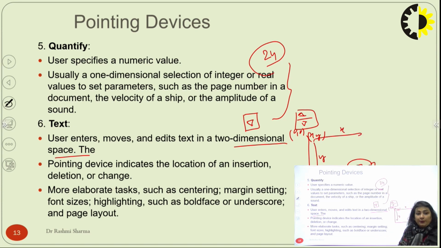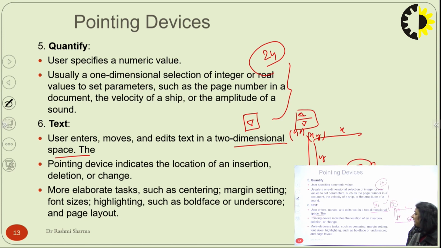So it is a two-dimensional plane in which you are writing, whether you are using PowerPoint or a Word document, or you are doing any painting also. If you are using 3D, then it is another thing, but for writing and presentation, we usually use the two-dimensional plane in which we write that particular text, or we update or delete some of the things.